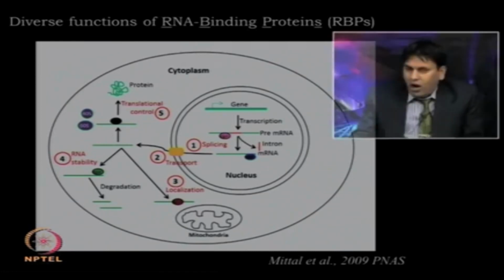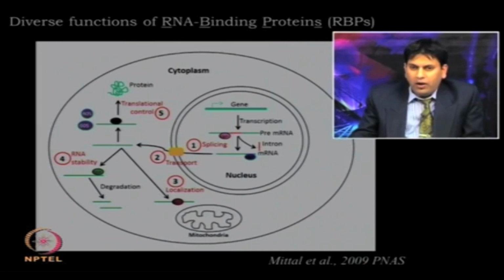Now, the produced RNA, not necessarily only mRNA, needs to be exported from the nucleus into the cytoplasm, and this is carried out by a class of RNA binding proteins which can be termed as transport RNA binding proteins, shown with number 2 in the figure. RNA binding proteins have also been implicated in the specific subcellular localization of these transcripts.